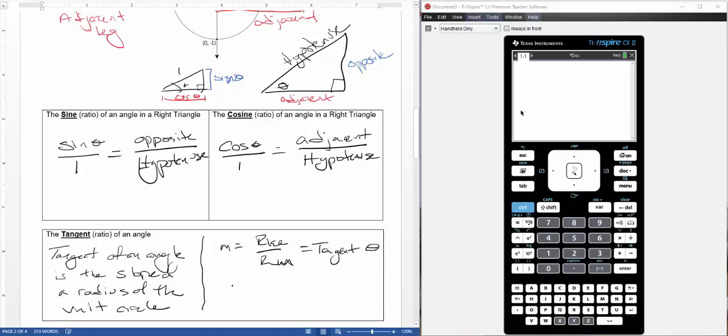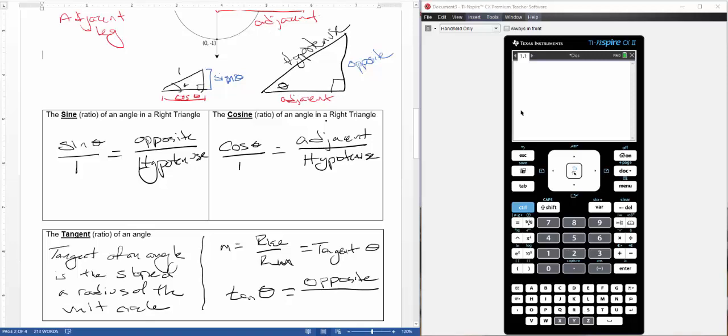Say tangent of theta. Note that we usually abbreviate tangent as TAN. The tangent of my angle should be the rise over run. So if we think of starting at a point, how far do you go up? Well, you go up this amount, which is the opposite side. And how far do you go to the right or left?